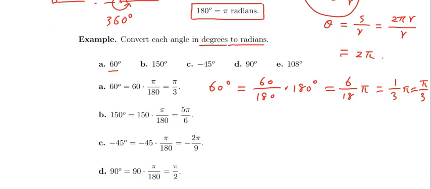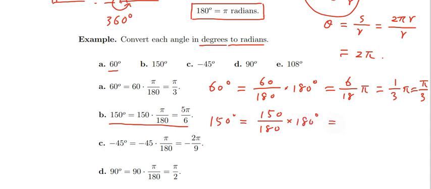Same way, like this one, 150. We just use this 150 equals how much of 180, right? So we just change this 180 to pi, and then this fraction we just simplify. 15 over 18 is 5 over 6.